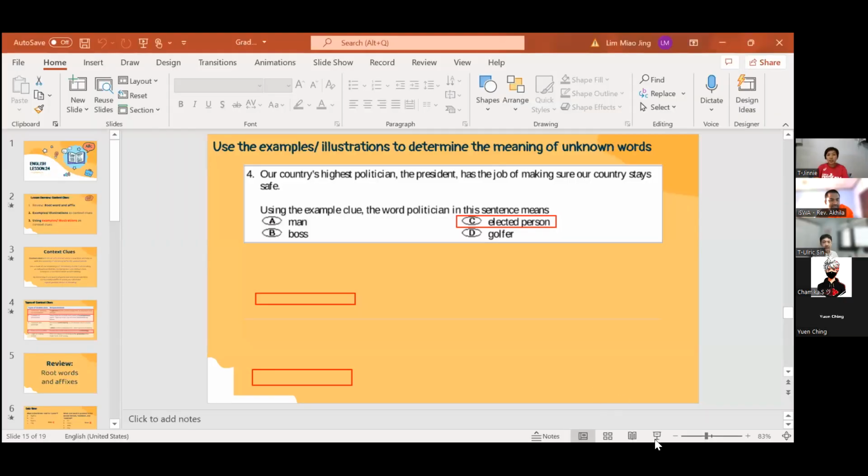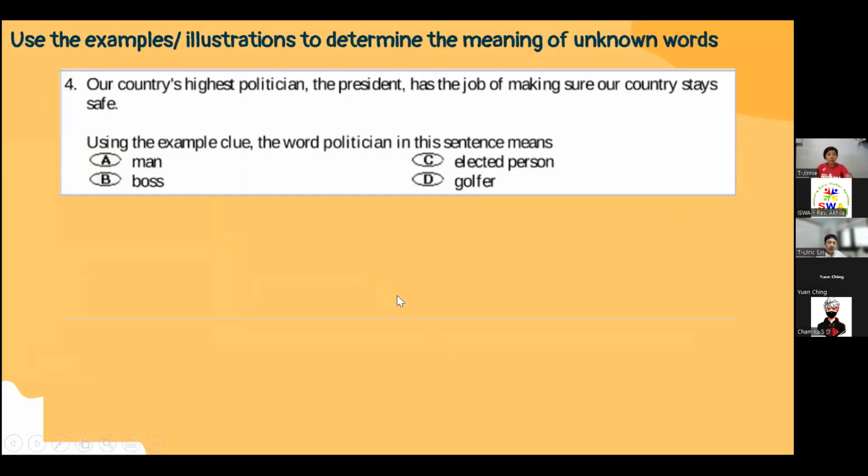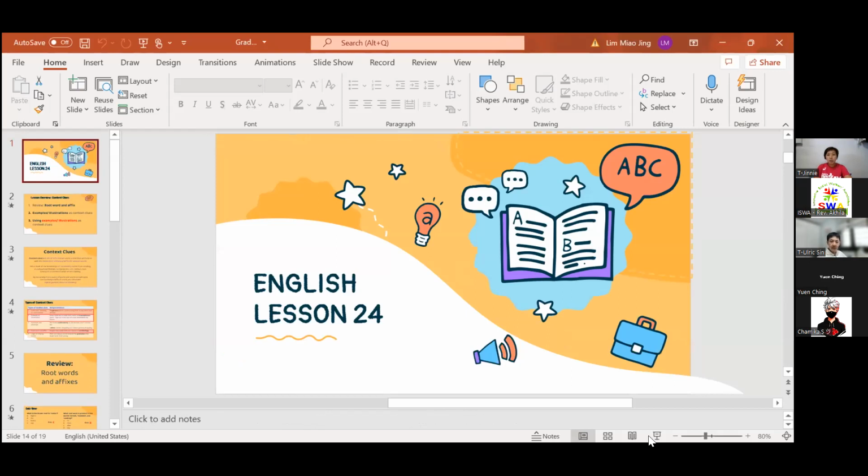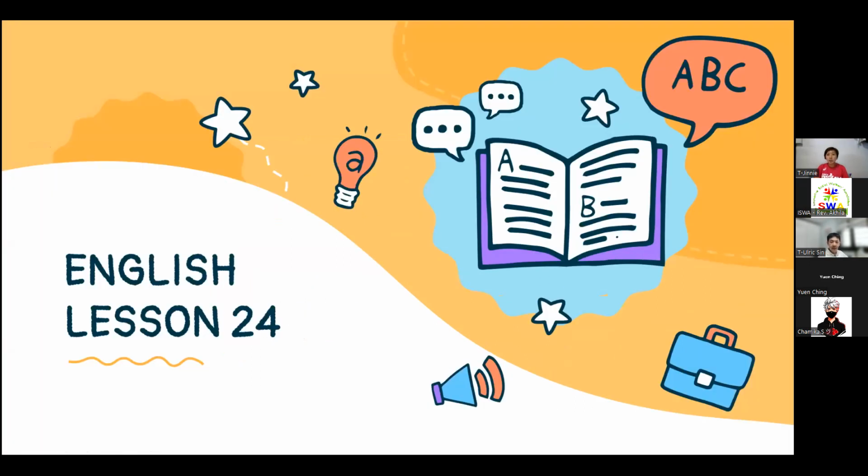Okay, so today is lesson 24. Before I start, since we have a bit of time, we've done two of the context clues.